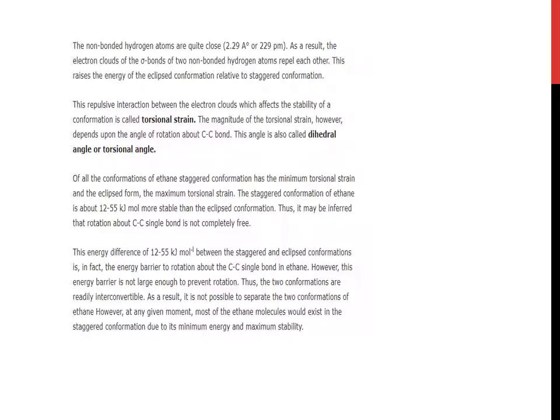However, this energy barrier is not large enough to prevent rotation. Thus, the two conformations are readily interconvertible. As a result, it is not possible to separate the two conformations of ethane. However, at any given moment, most of the ethane molecules would exist in the staggered conformation due to its minimum energy and maximum stability.